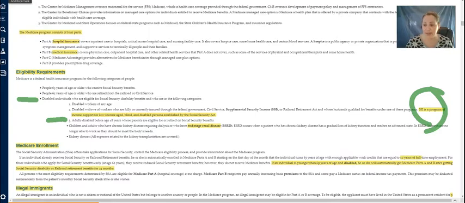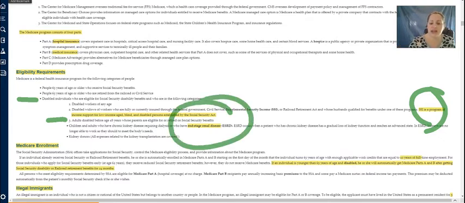So that can happen. There is one disease specifically named by Medicare as a qualifying disease, and that would be end-stage renal disease or kidney failure. Once a patient is diagnosed as end-stage, which is the worst kidney failure, you automatically go on Medicare.